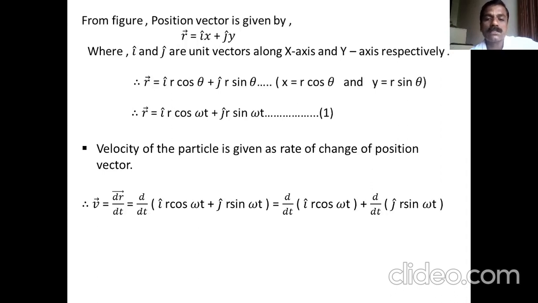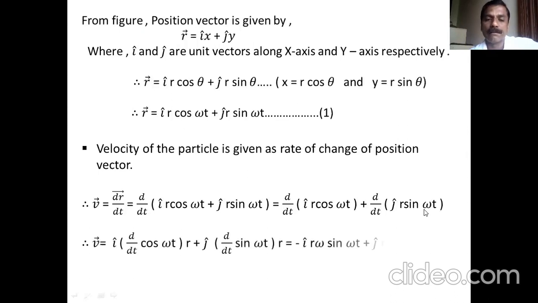Now how can we solve this derivative? While solving the derivative, here are two terms. First we can write these two terms separately. So for the first term, i cap r cos omega t, we can take the derivative of it, and for the second, j cap r sin omega t, we can take the separate derivative of the second term. Now we know the different rules for solving the derivative.